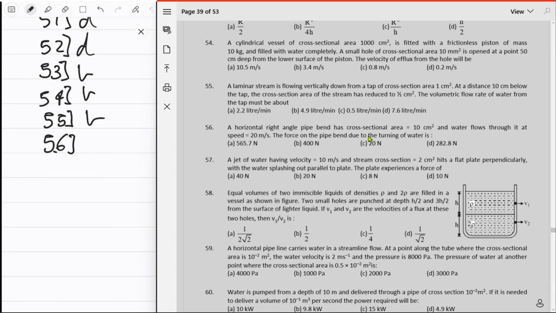I get it. You just want the thing with the pipe bend, the water turning, right? Yeah. But then should we not take the pressure into account? Maybe we should. Who knows? It's kind of weird. Do we take the pressure into account or not? We should, right? But okay, they just want the force due to the bending of water, not really the pressure actually.